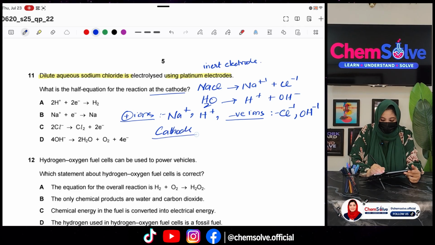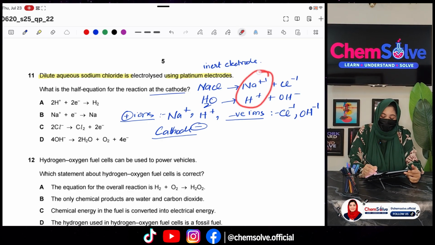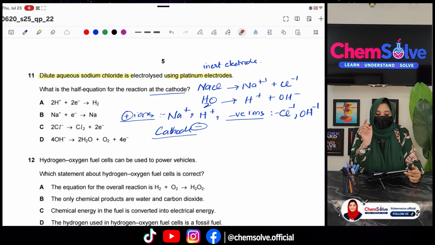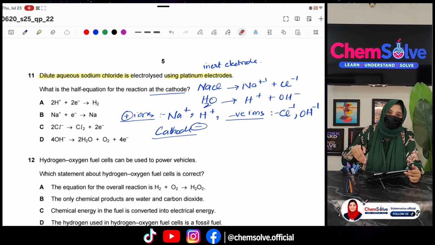The cathode is itself negatively charged, so a positive ion has to move towards it. Either Na+ or H+ will move towards it. Always remember, whether you are provided with a dilute electrolyte or a concentrated electrolyte, for the positive ion you have to choose from the reactivity series, moving from the bottom to the upside.